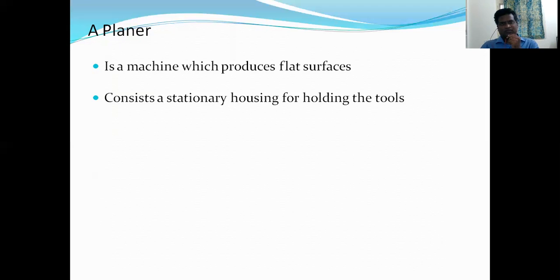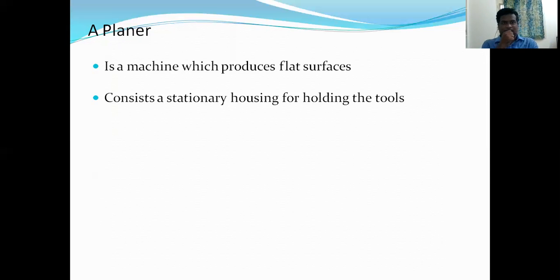And here also it is a machine which produces flat surfaces, and it consists of a stationary housing for holding the tools. Here, a stationary housing is there, as we have observed in the diagram. In that stationary housing, we are fixing the tools.